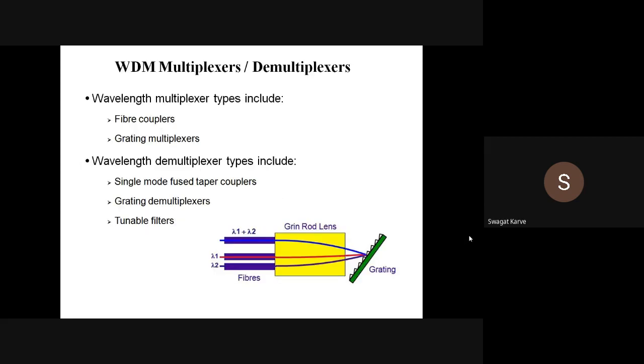Now, what are the multiplexers and demultiplexers used for WDM, or what are the different types of multiplexers used with wavelength division multiplexing? As multiplexers, you can use a fiber coupler or grating multiplexers, as you can see in the figure.